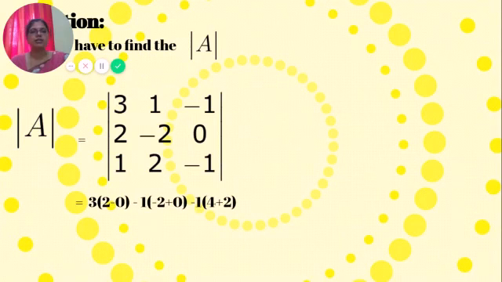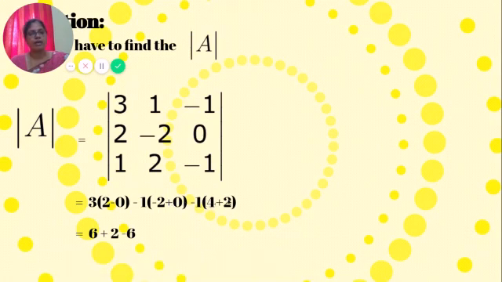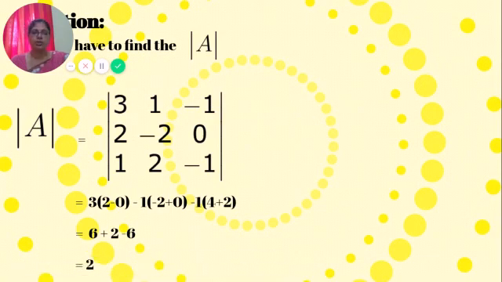In the earlier classes, we have learned how to calculate the determinant of a matrix. So, 3 into 2 minus 0, minus 1 into minus 2 plus 0, minus 1 into 4 plus 2, which gives 6 plus 2 minus 6, which gives 2. So modulus A is equal to 2.